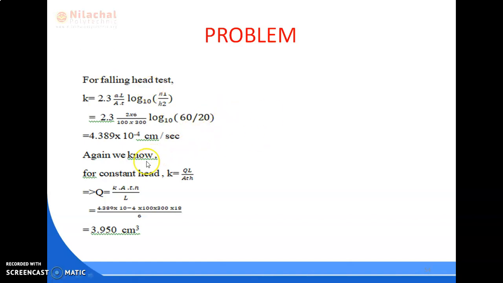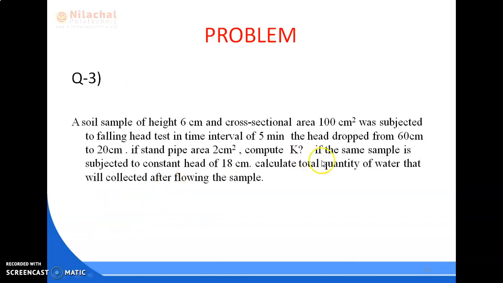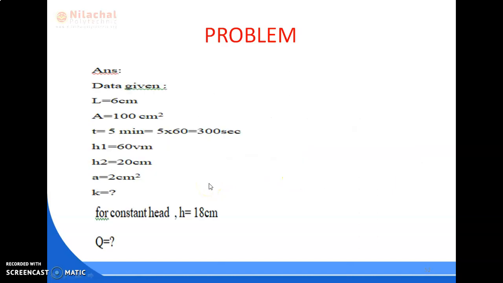Again, we know for constant head, K equal to QL by AtH. From this we have to find Q. It is given in the question that if the same sample is subjected to a constant head of 18 cm, calculate the total quantity of water that will be collected after flowing through the sample.